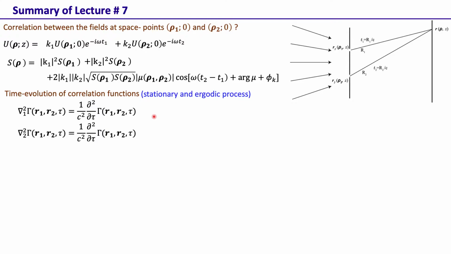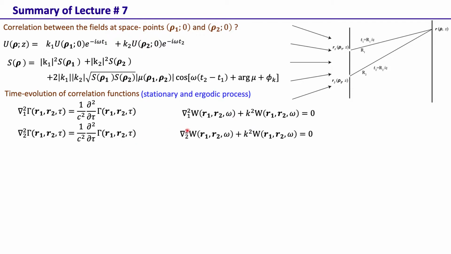Okay, then we also looked at the time evolution of the correlation function, and for a stationary and ergodic process we found that the temporal correlation function follows a wave equation like this, and there are these two wave equations, one with respect to the first variable r1 and the second one with respect to the second variable r2.